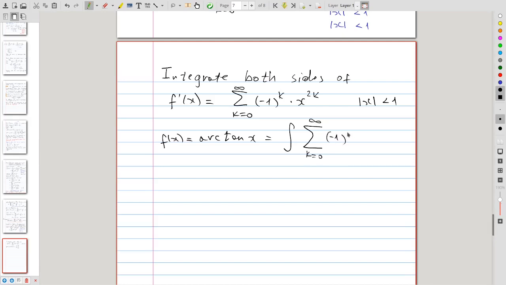by the theorem we have for integration of power series, this integral is simply the sum of integrals of individual terms.